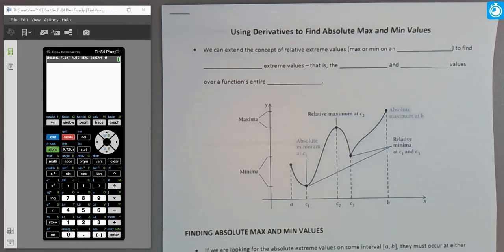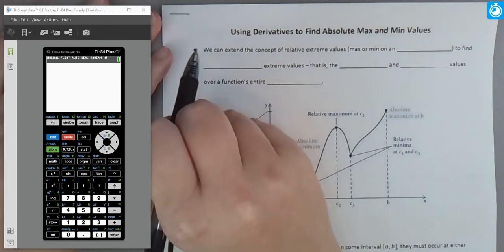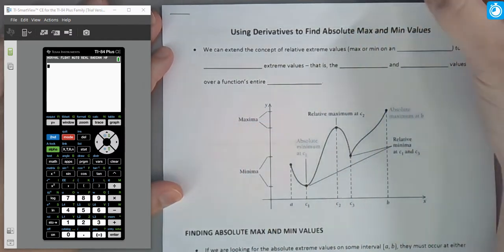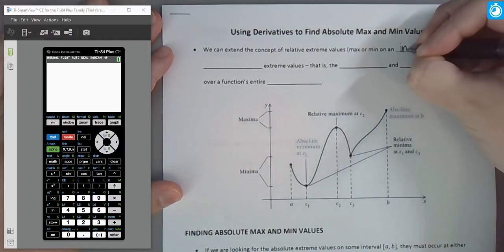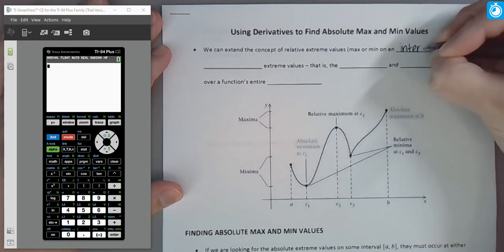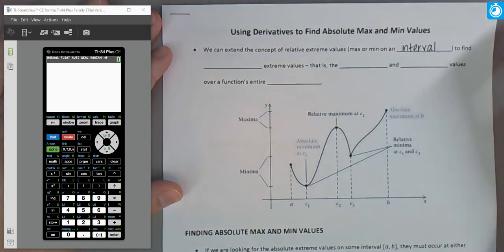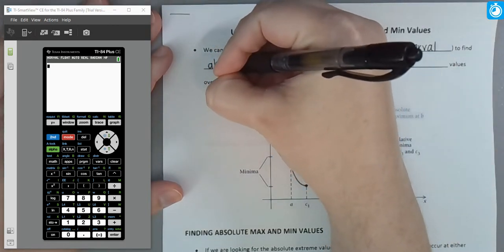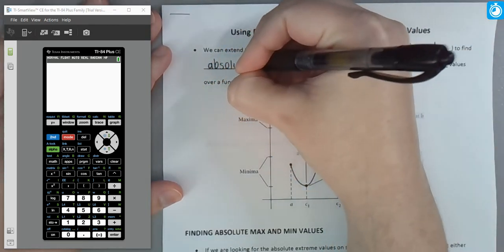So we're going to talk about how you would take what we've learned in those two sections, how we use those derivative tests, in order to find the truly highest and lowest points on a graph. So again, we can extend the concept of relative extreme values, in other words, the maximum or minimum on an interval in relation to the values around it, in order to find absolute extreme values.